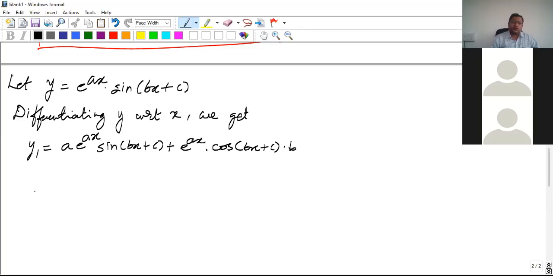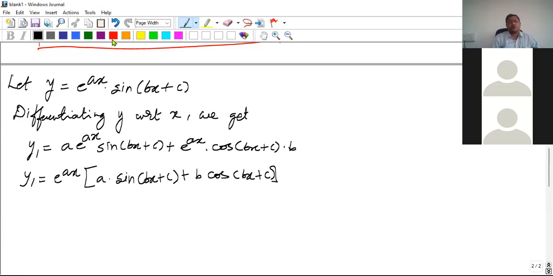Now we have y1 is equal to e raised to ax common, times a sine of bx plus c plus b cos of bx plus c.